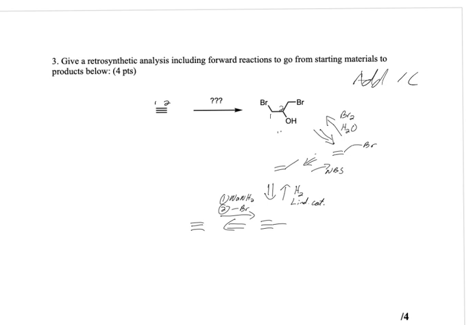So I'm going to do some sort of SN2 with this maybe, right? I can see that the bromine, both of them are on the less substituted carbon. So that makes me think anti-Markovnikov bromine addition, and hopefully that makes me think of NBS.